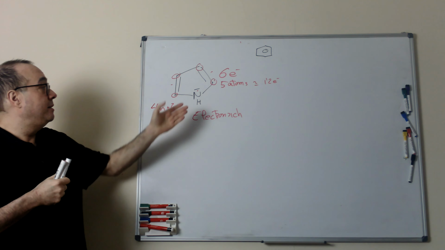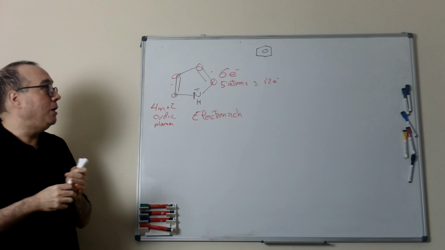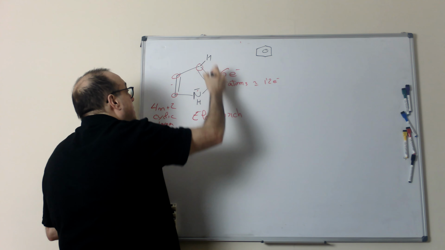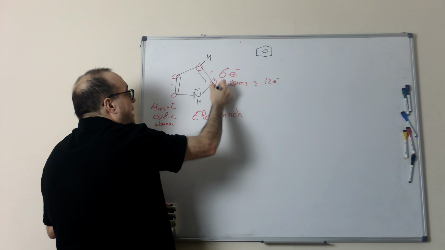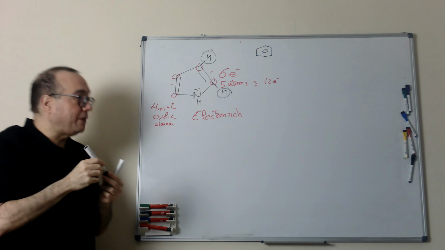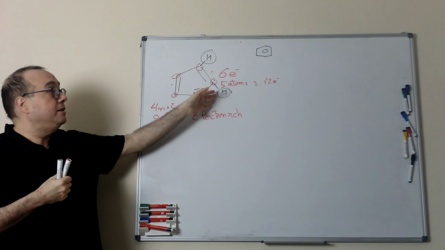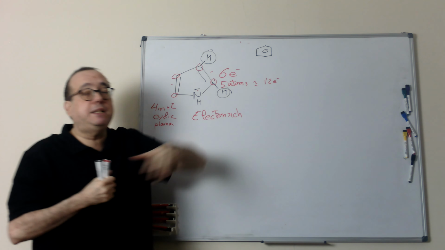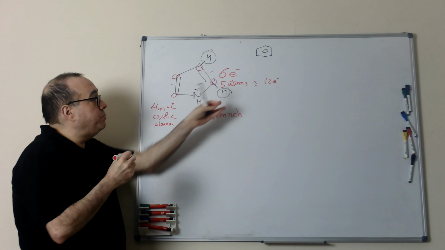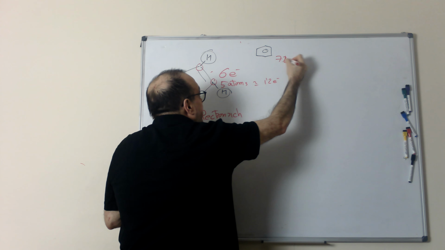How can we prove that it's electron rich? Well, if we do an NMR of this compound, we have these 2 hydrogens. If these 2 hydrogens were from benzene, they would appear in the NMR around 7.1, 7.2 ppm.